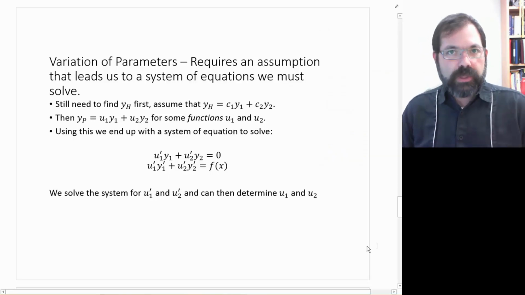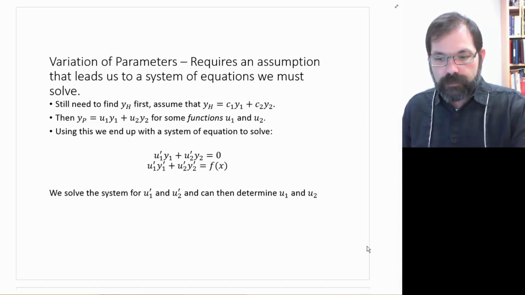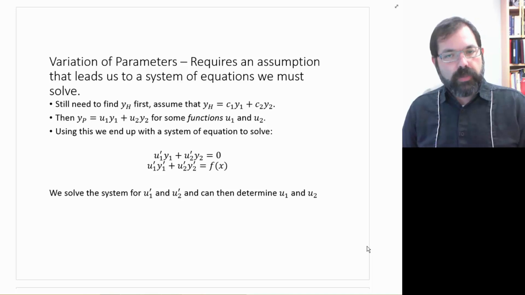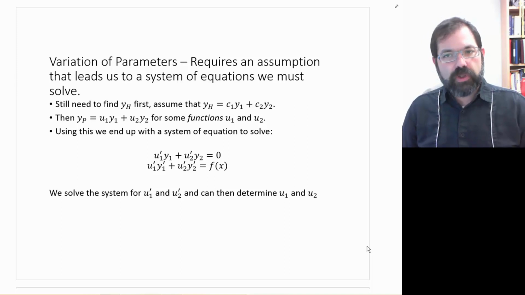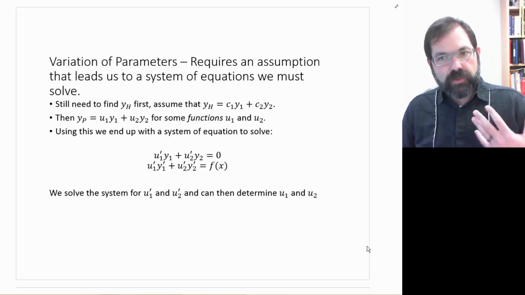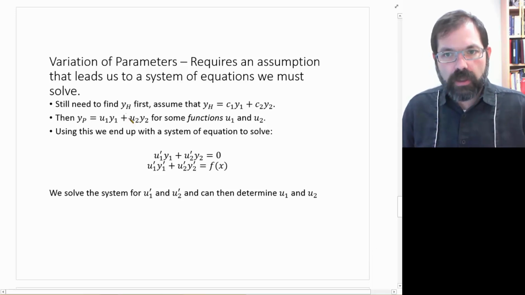The other technique, so we've seen what we call the undetermined coefficients method. And unfortunately, it only works in those specific cases. There's another technique called variation of parameters. It works more generally. It is a bit tougher, though. What it does is it requires an assumption, and we still need to find the y sub h.